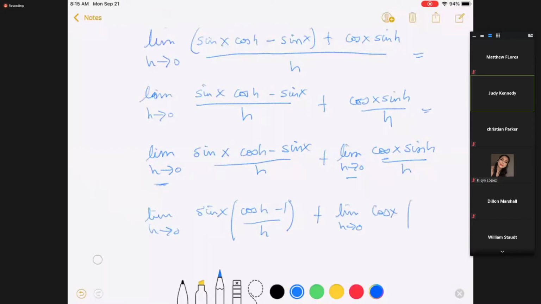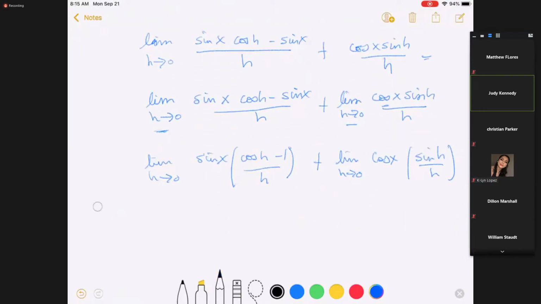Okay. Cosine of x times sine of h over h. And then the sine of x and the cosine of x can come out of the limits because they don't have any h's in them. Just using the limit laws here.